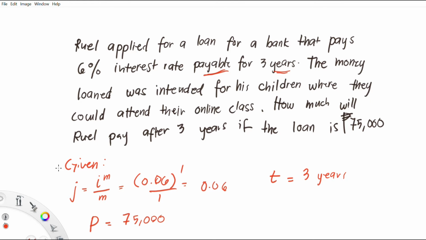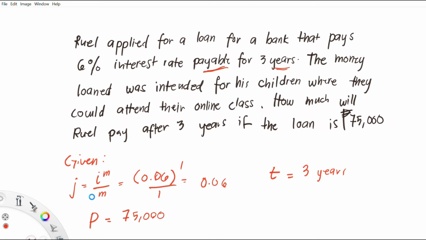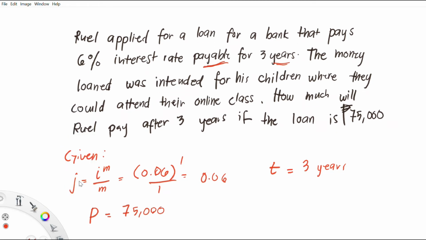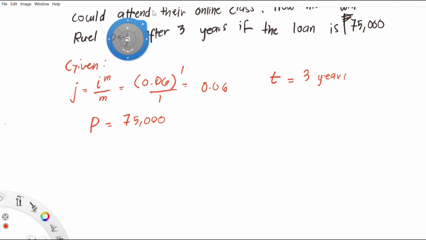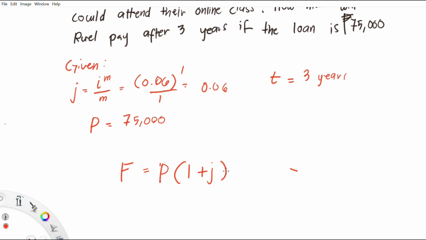So we have the formula. Similar to simple interest and annual interest, we have F equals P times (1 plus J) to the N. F here is our future value.